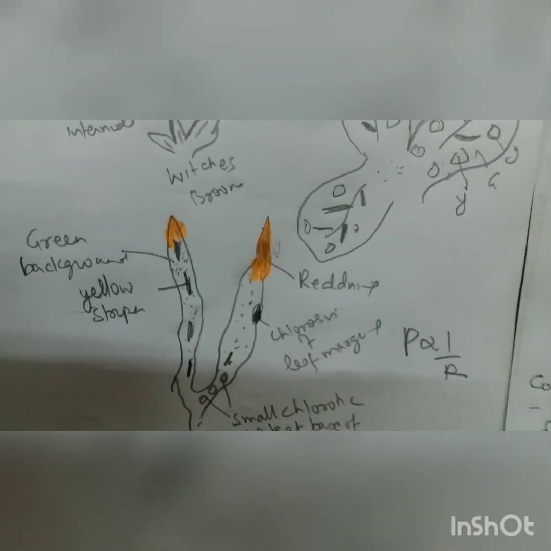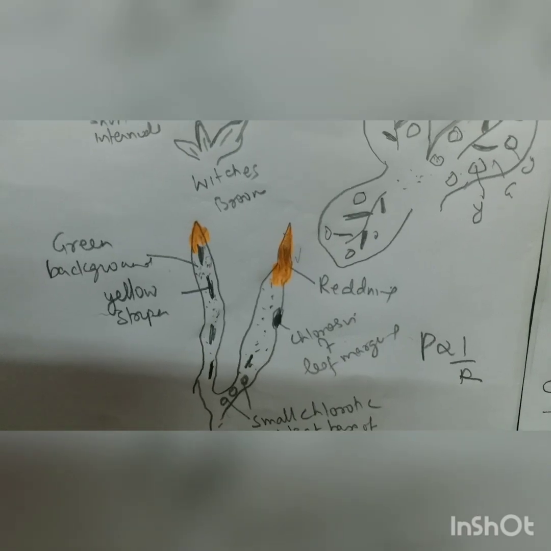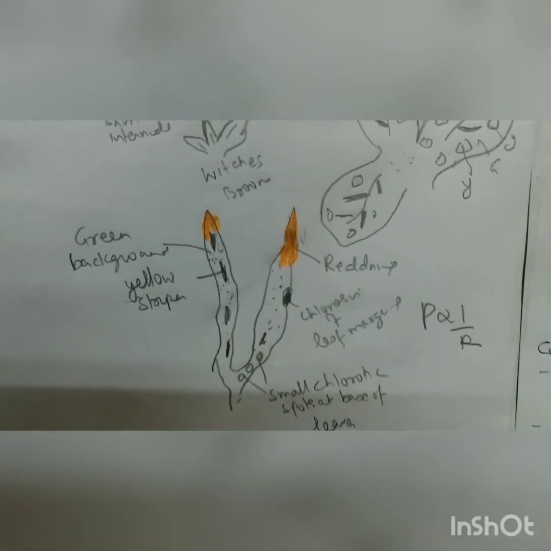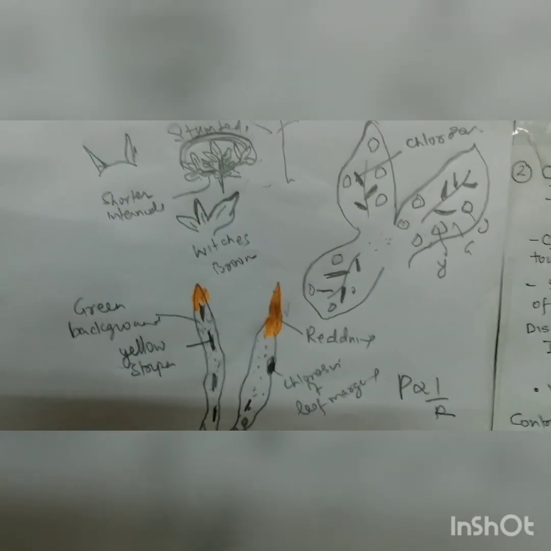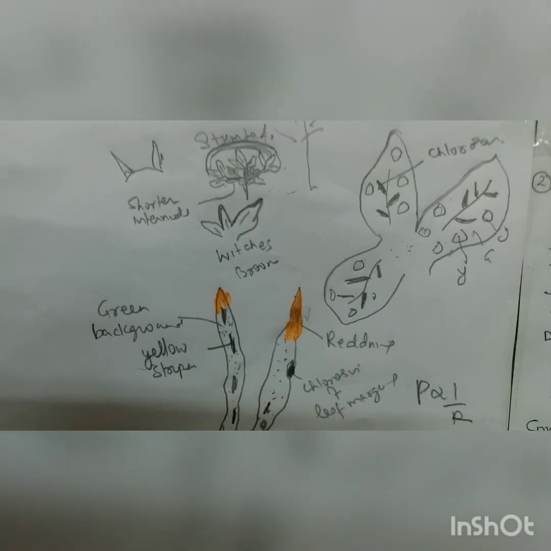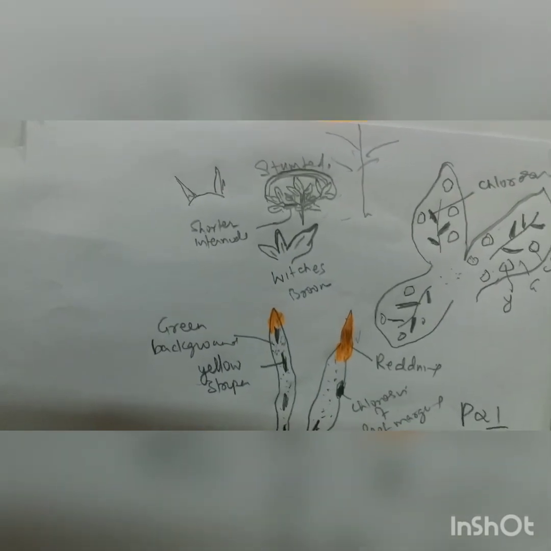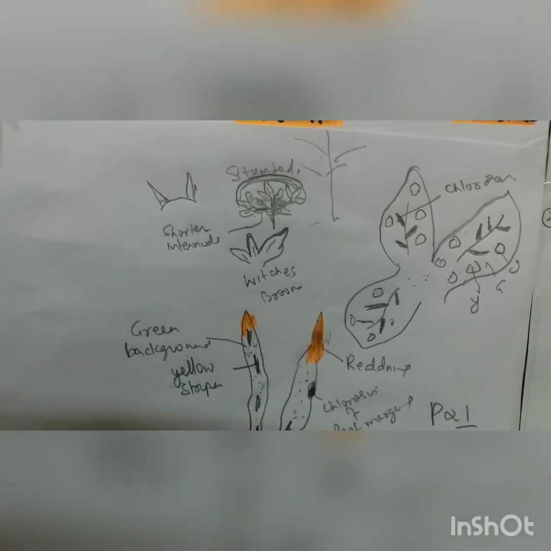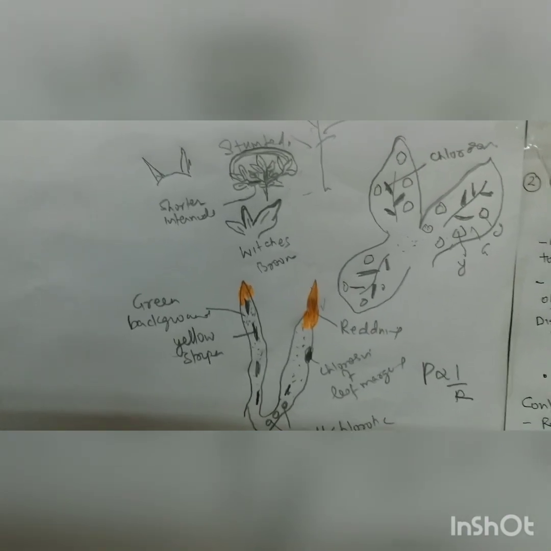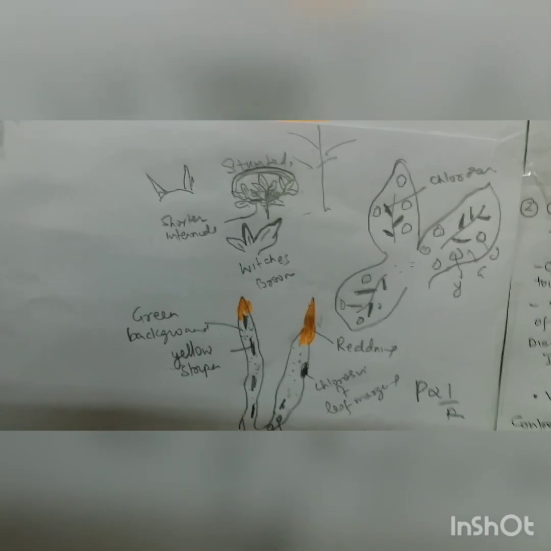Then plants are stunted and numerous tillers develop at the leaf axils and base of the plant, giving it a bushy appearance. Tillers are developed not only from the leaf axil but also from the base of the plants, giving a bushy appearance.